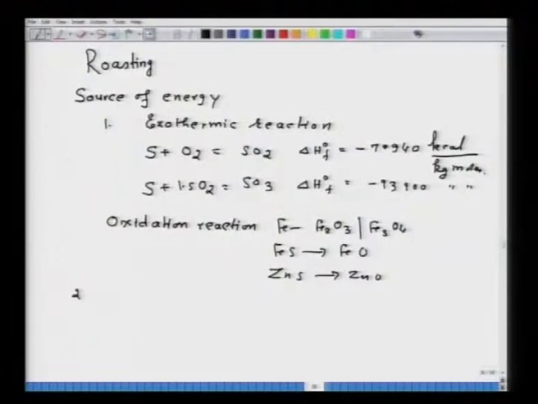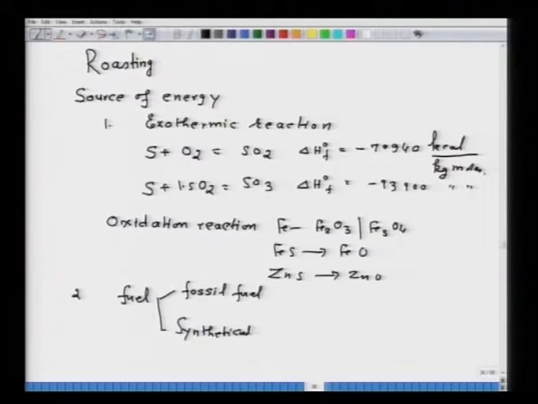Another source is the fuel, and here one has fossil fuel and synthetically prepared fuel.